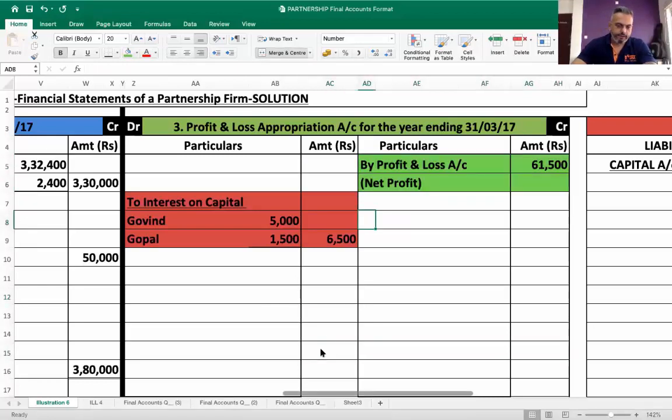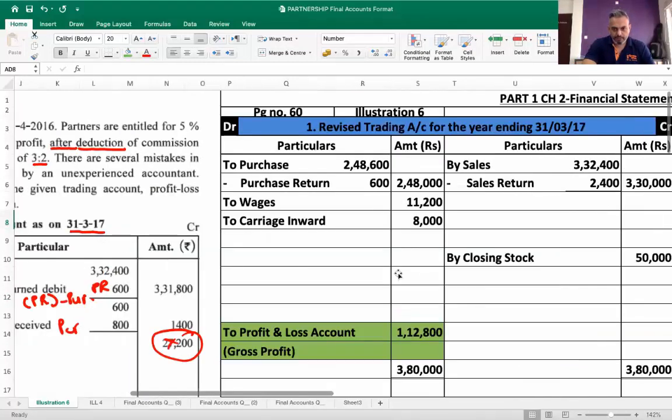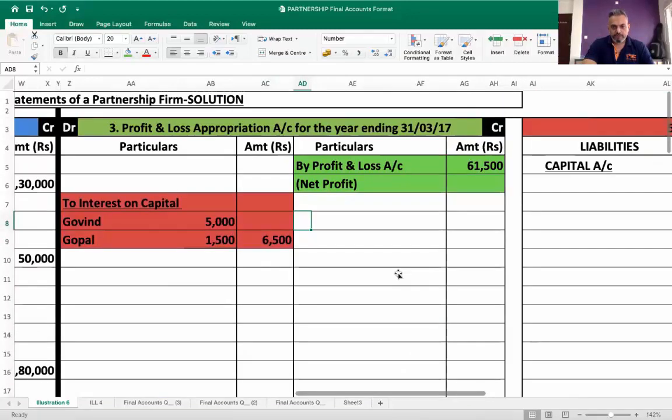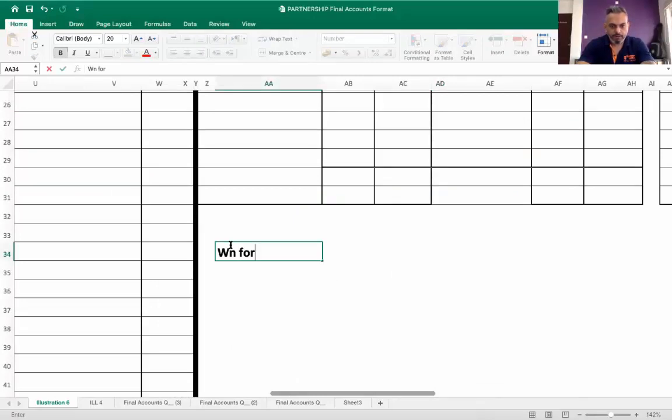Okay, now there is a commission to a partner also, and it is payable to Gopal. So before you close this, let's first find out profit and draft. So working note 1 for commission to Gopal.